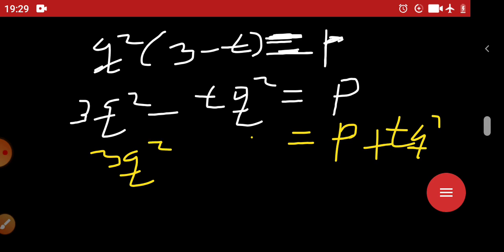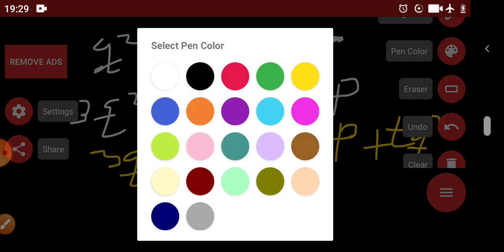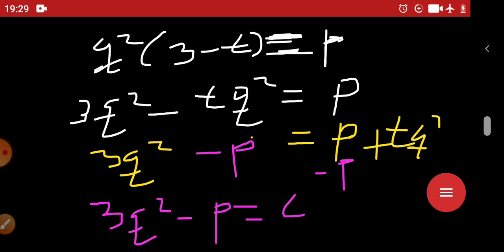Then we need to take the p now. If we subtract p from both sides, we'll have 3q squared minus p equal to 2q squared.